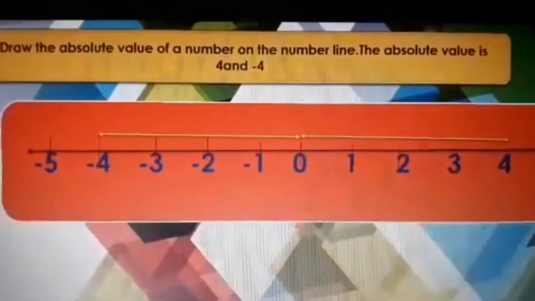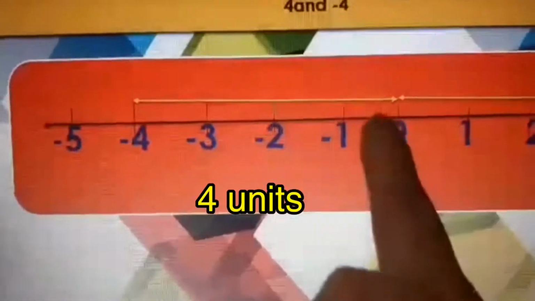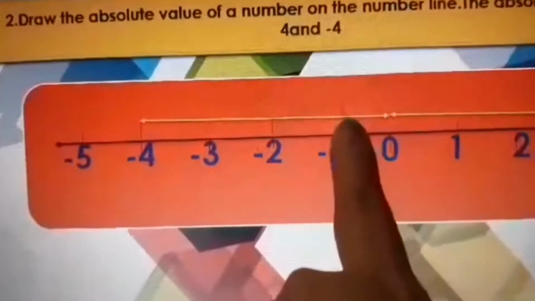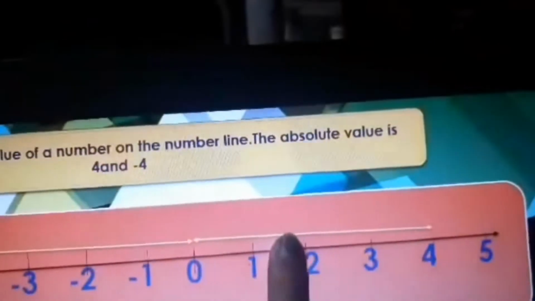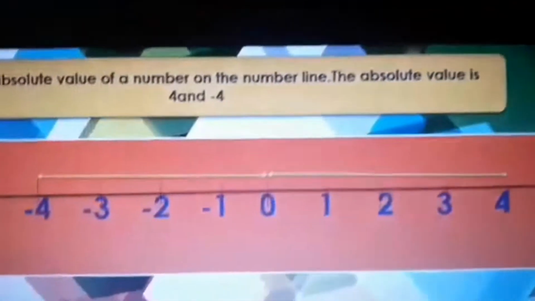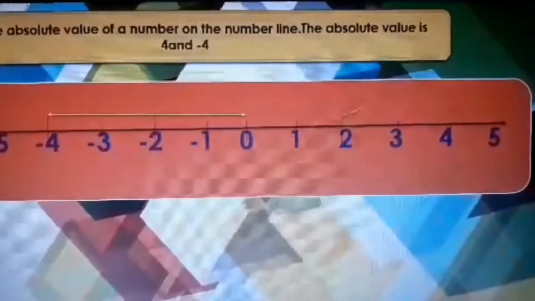So how many units are there? Only 4 units. From here, 1, 2, 3, and 4. The other side, 1, 2, 3, and 4. So that is the units. So 4 units are there.